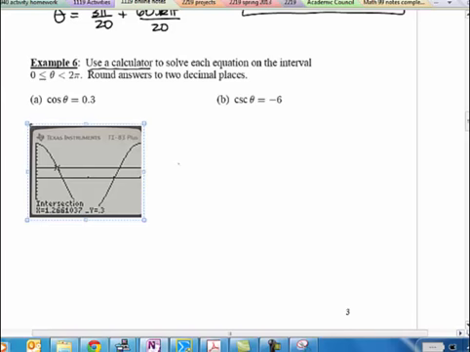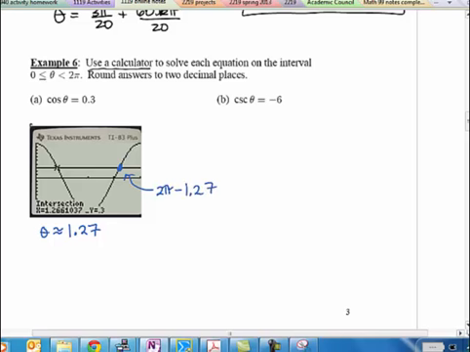Alright, so now that we've got this screenshot, let's do some writing on this. So now I've got one of the solutions would be theta is about, it says round to 2 decimal places, so we'd say 1.27. And this one, without going through the intersection, that's going to have to be 2 pi minus that angle, right?